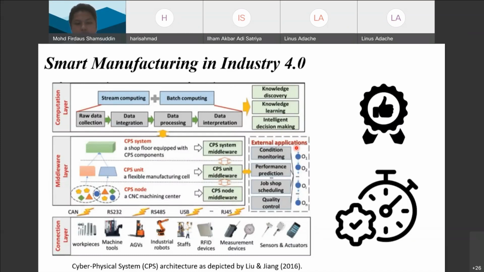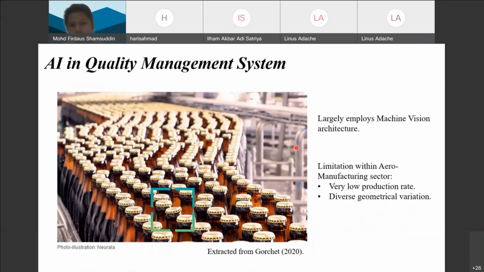But before we move further, in the industry right now, there are some quality systems that are automated. However, those automations largely employ machine vision architecture. They use cameras or videos to physically see the defect, and then the algorithm analyzes the feed, the video, or the photo.